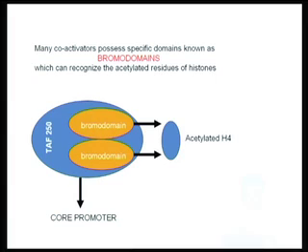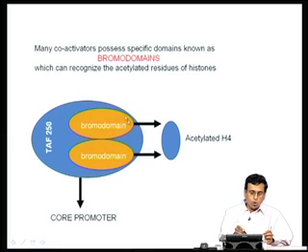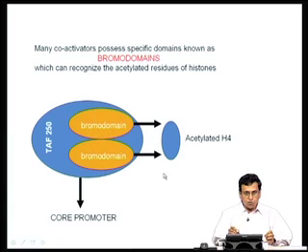Many coactivators possess specific domains known as bromo domains, which can recognize the acetylated residues of histones. For example, in this cartoon I have shown how one of the components of TFIID, namely TAF250, that is the TBP associated factor 250, through its bromo domains can recognize the acetylated histone H4 residues.